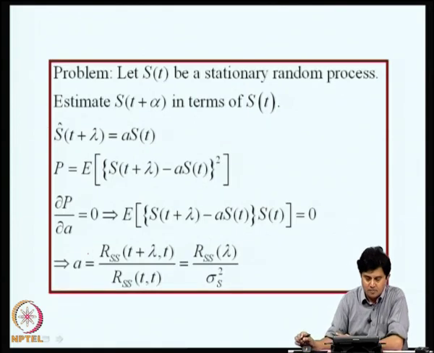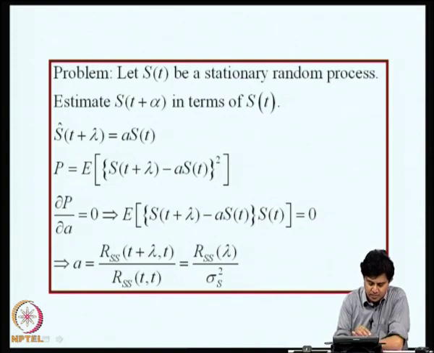So we will consider some simple examples. Let S of t be a stationary random process. Estimate S of t plus lambda in terms of S of t. That is the problem. So what do I do? I assume S hat of t plus lambda is a times S of t. So the expected value of the mean square error is P, which is given here, and if I now minimize P with respect to a, I get a to be this.